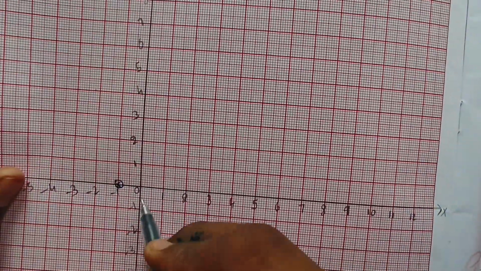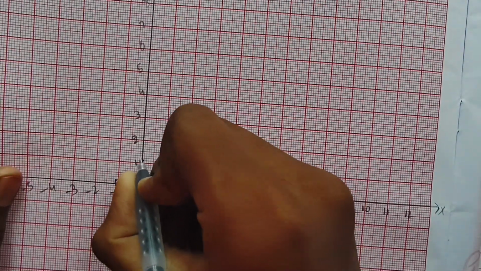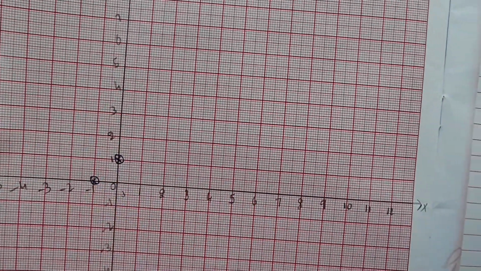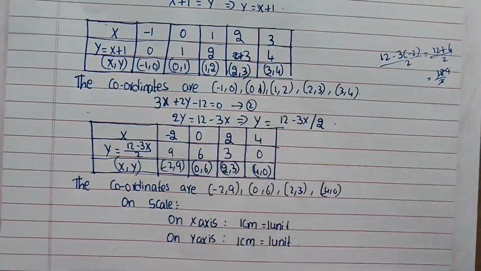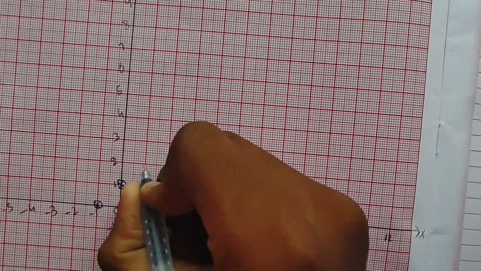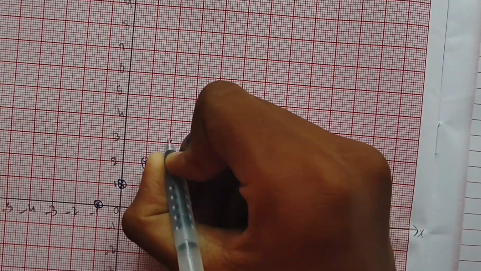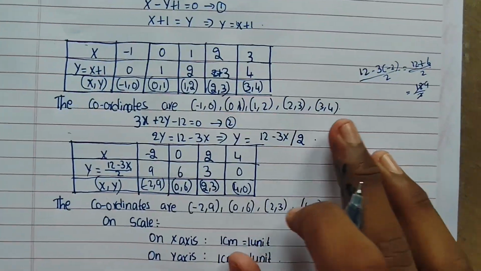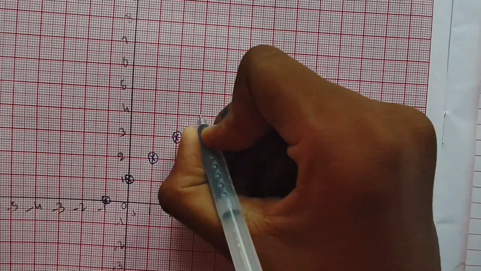On the x-axis this is the 0, on the y-axis this is the 1. So the point is here. After, 1 comma 2, 2 comma 3. The last and final one is 3 comma 4. Here the intersecting point of 3 comma 4 is here.